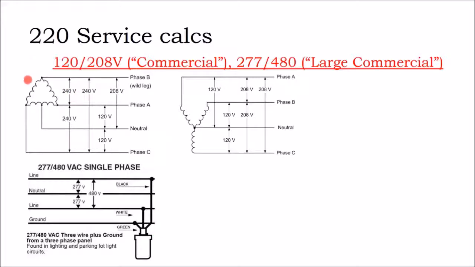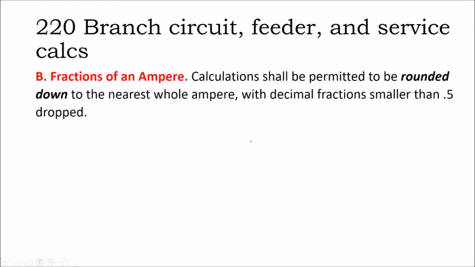But there's delta services and Y services, and at any point the neutral wire is going to be balancing out and connected to ground at one point. For branch circuits, we're still defining things. Once we get into breaker sizings, we'll better understand the role of the neutral wire.